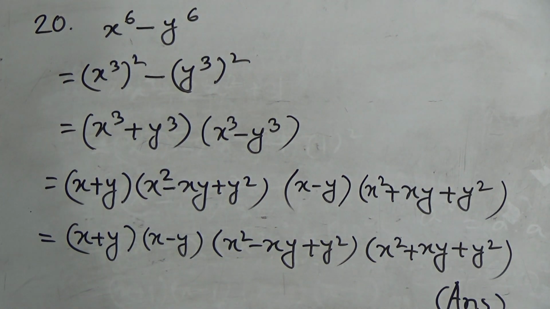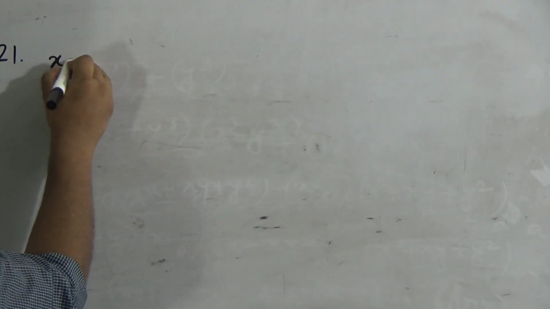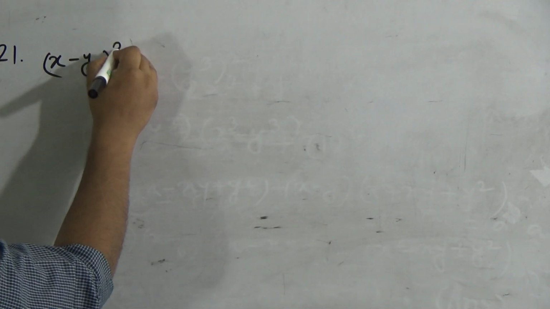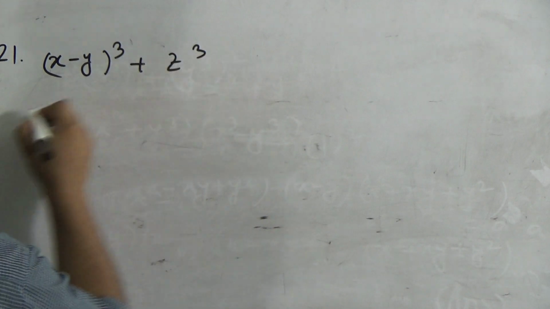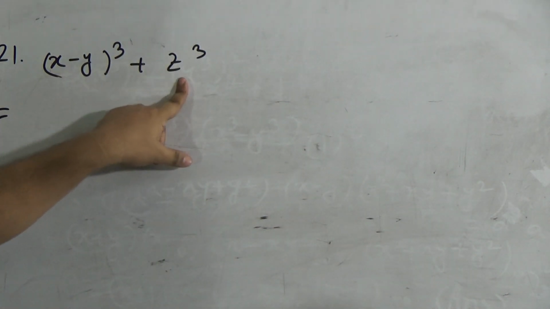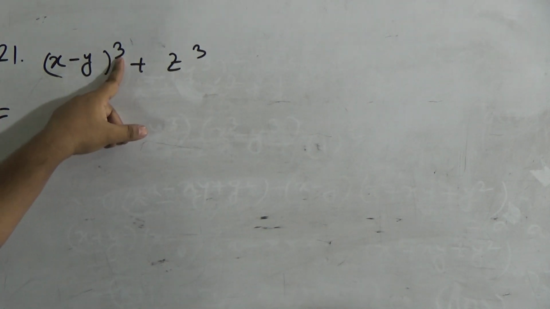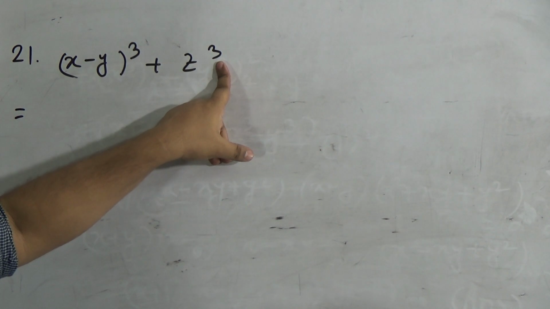Next we shall solve question number 21. Now I erase question number 20, and question 21 is x minus y whole cube plus z cube. Dear students, we notice x minus y whole cube plus z cube. Here we consider x minus y as a. So the a cube plus b cube formula is applicable here.